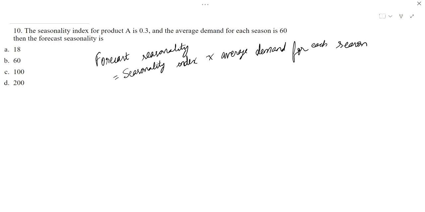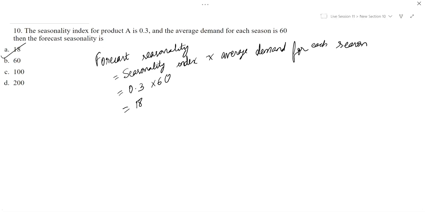I had given the example of demand of woolen clothes at a particular time of the year or particular season. So that is the seasonal variation. Here the seasonality index is 0.3 into average demand for each season 60. The correct answer is 80.